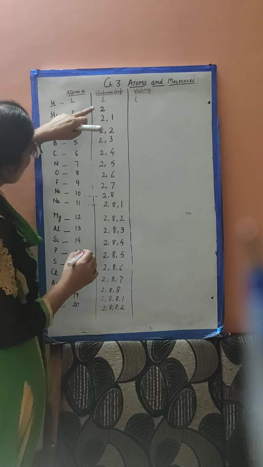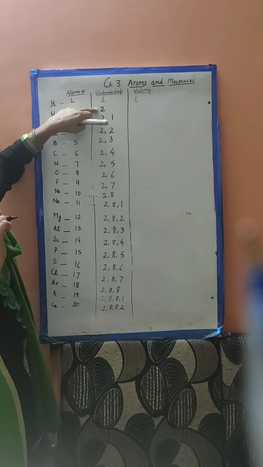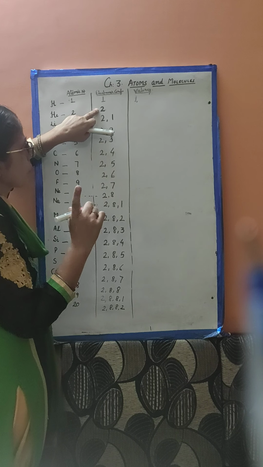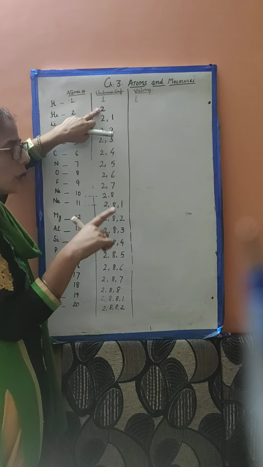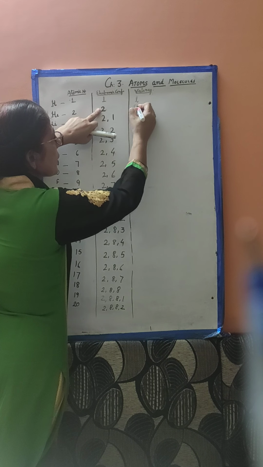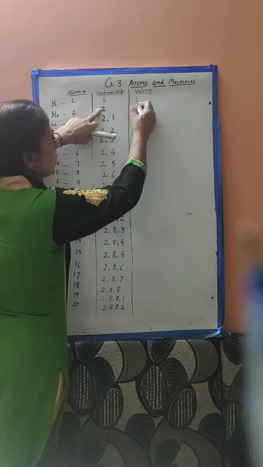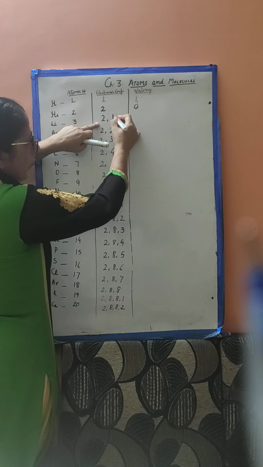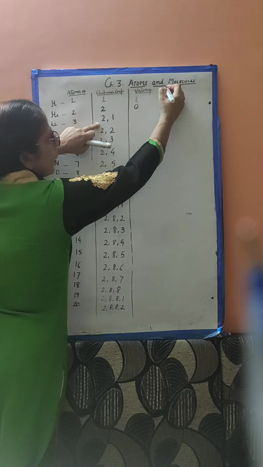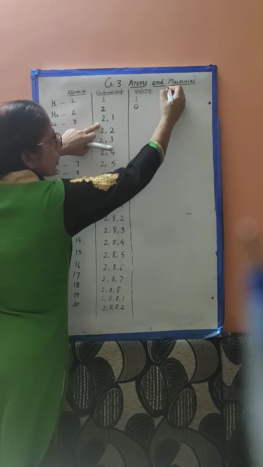Helium, I said, can accommodate a maximum of 2 electrons in the first shell. So it has 2 electrons in the outermost shell. So its valency is 0. Right? In the second shell, 8 electrons can come.